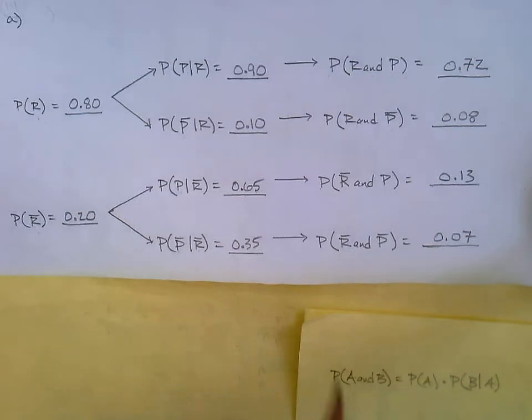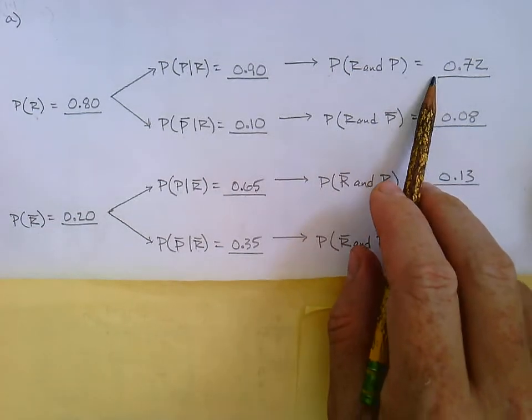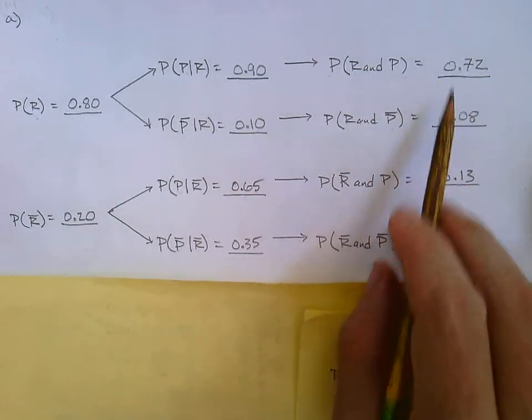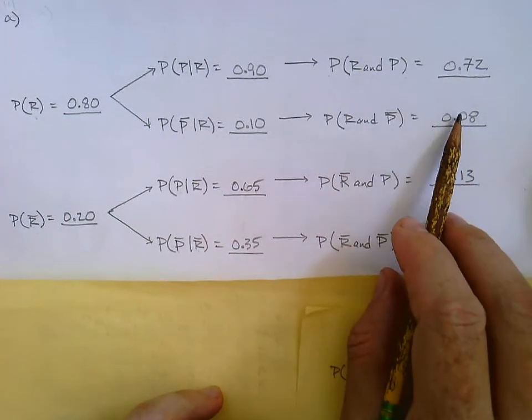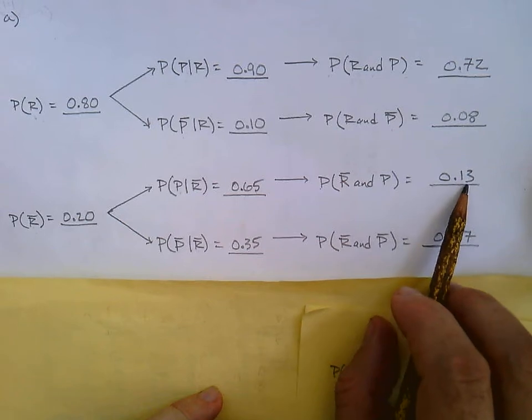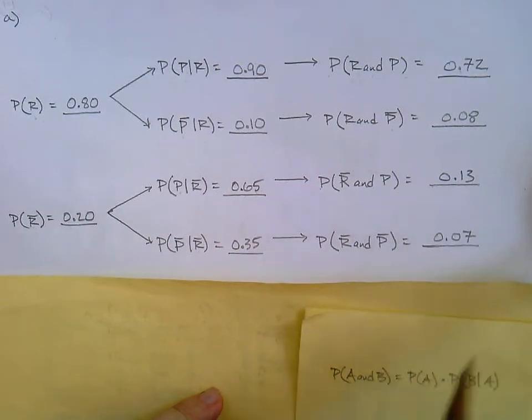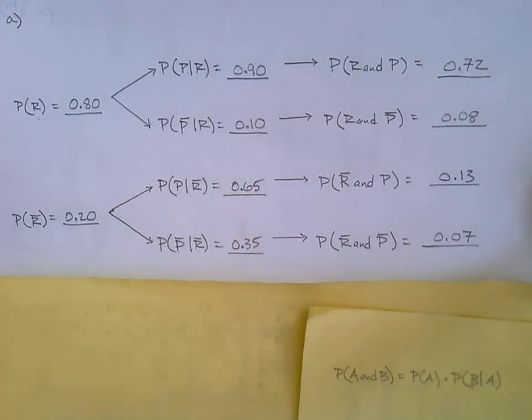Hey, let me ask you something. What happens when you add all of these over here? When you add all of those together, what do you get? 100%. 1.00, right? Add this to this, you get 0.8, 0.93, and then all the way up to 1 exactly.